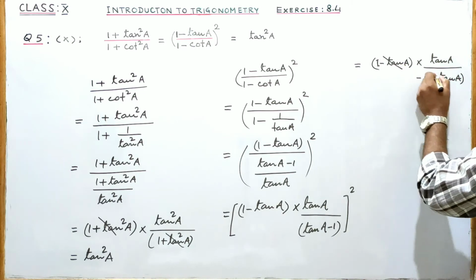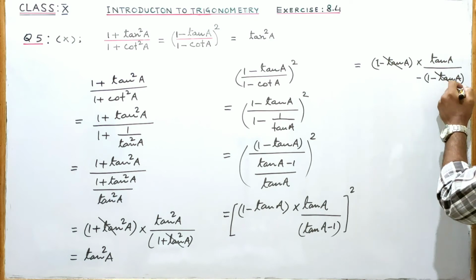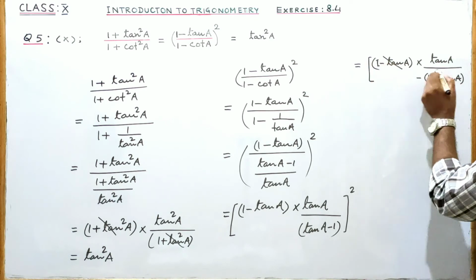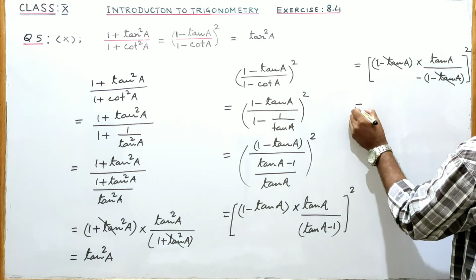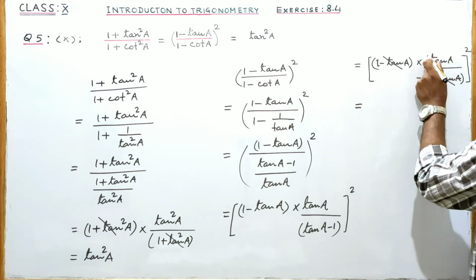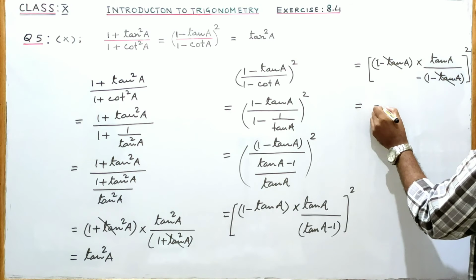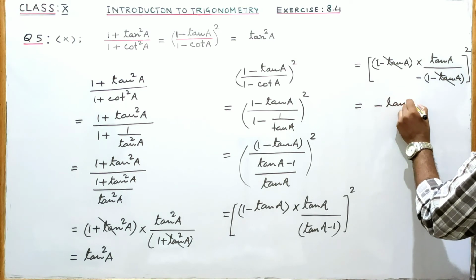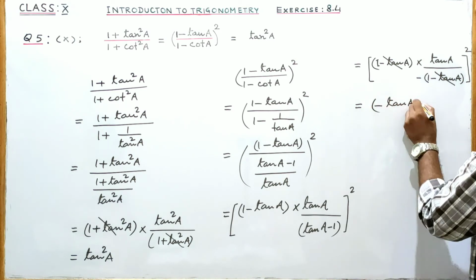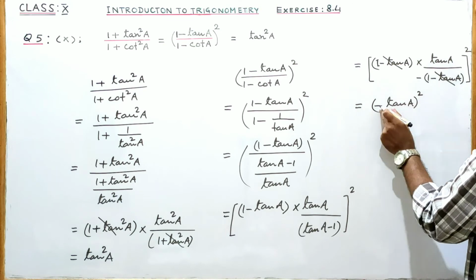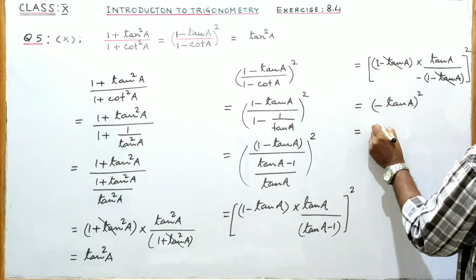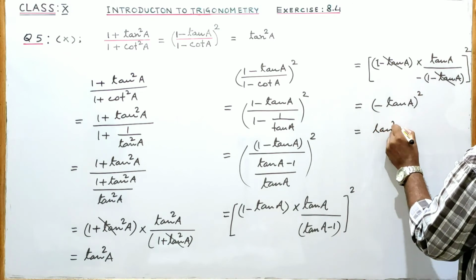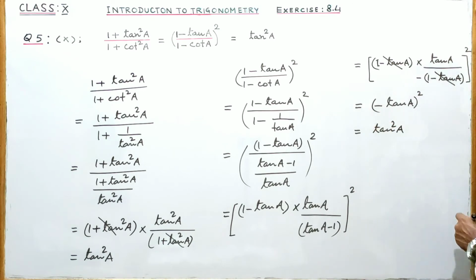So 1 minus tan a, 1 minus tan a cancel and this whole square is there. So minus tan a whole square. Now minus square plus and tan a whole square is tan square a.